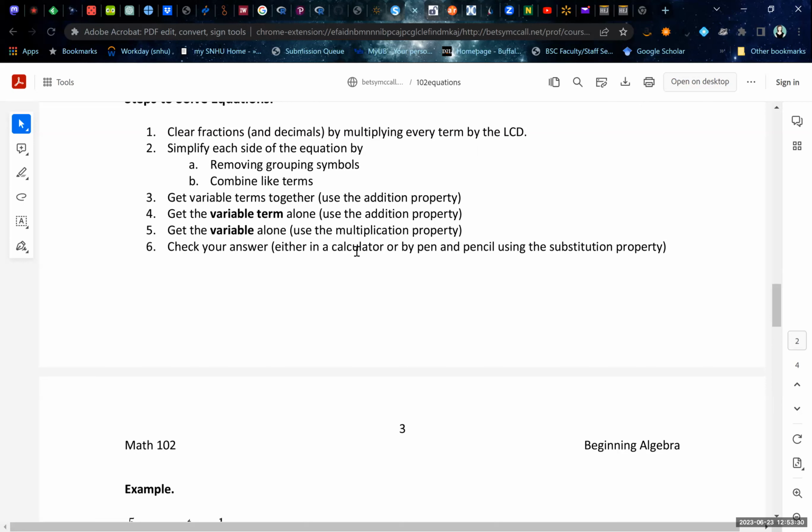If you're going to make mistakes, and particularly when working with fractions, this is very common, you want to check your answer in the original version of the problem, not after you started manipulating it, because if you make a mistake early, your answer can seem correct even if you did all the rest of the steps correctly, even though it won't actually work in the original problem.